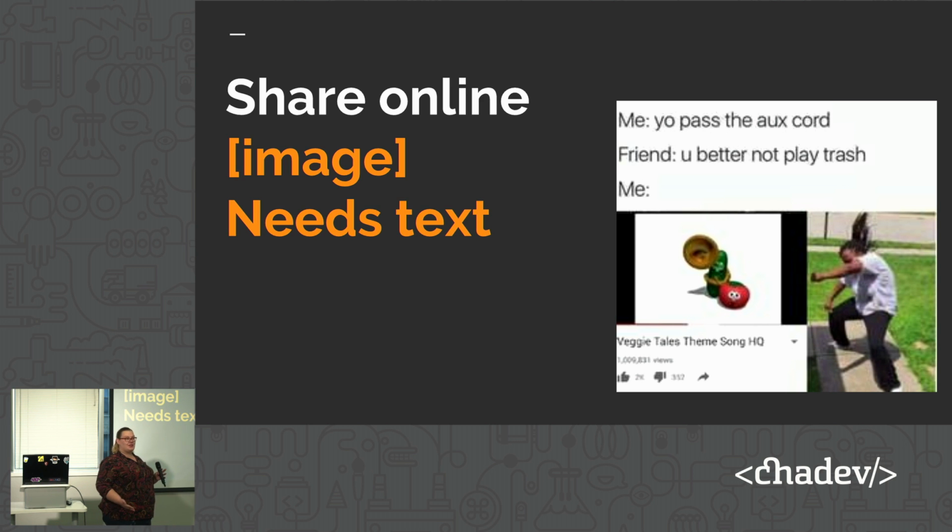We do this on our websites when we're developing. This image here says aux cord, and my friend says, you better not play trash, and then I play the VeggieTales theme song. The screen reader, you would not be able to read that as an image.